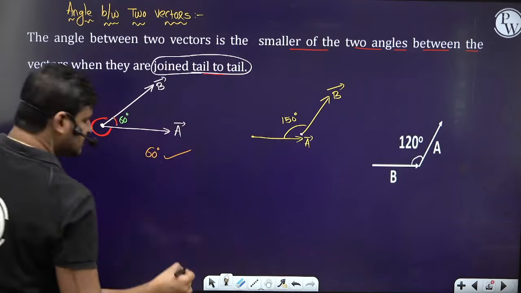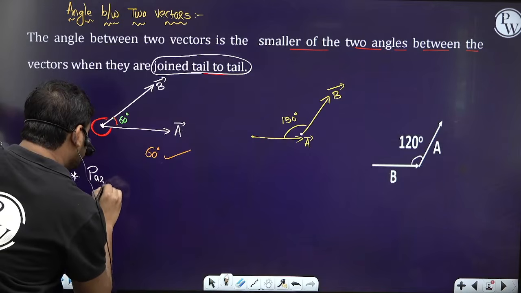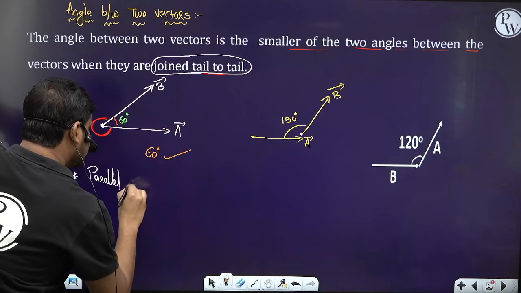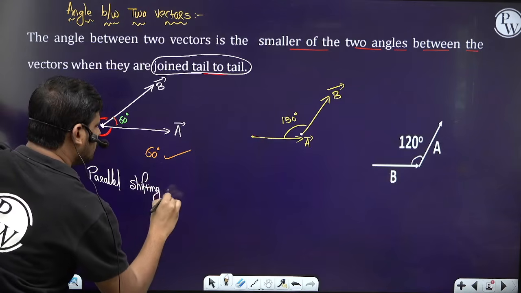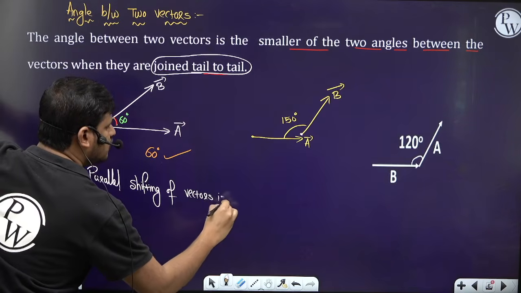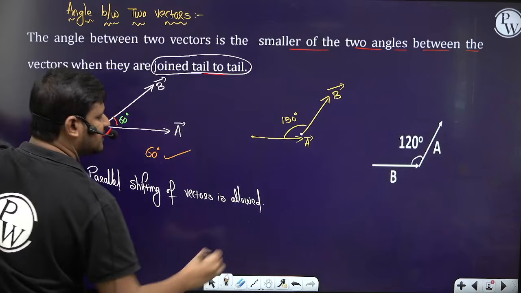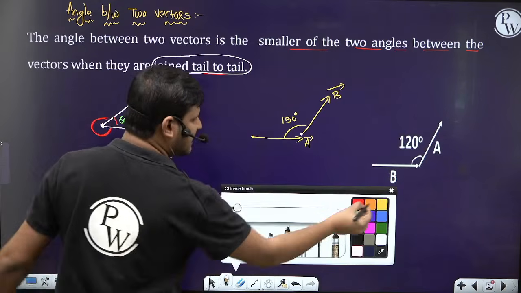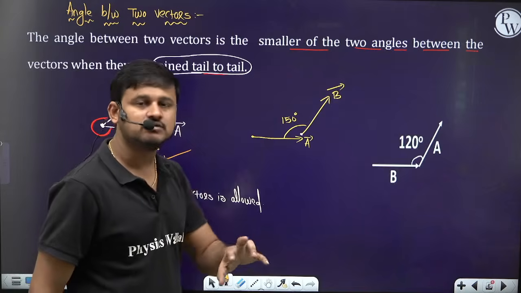So in these cases, what you can do is the parallel shifting of vectors is allowed. What does it mean by parallel shifting of vectors is allowed? A vector can be shifted parallelly without changing its magnitude and direction.